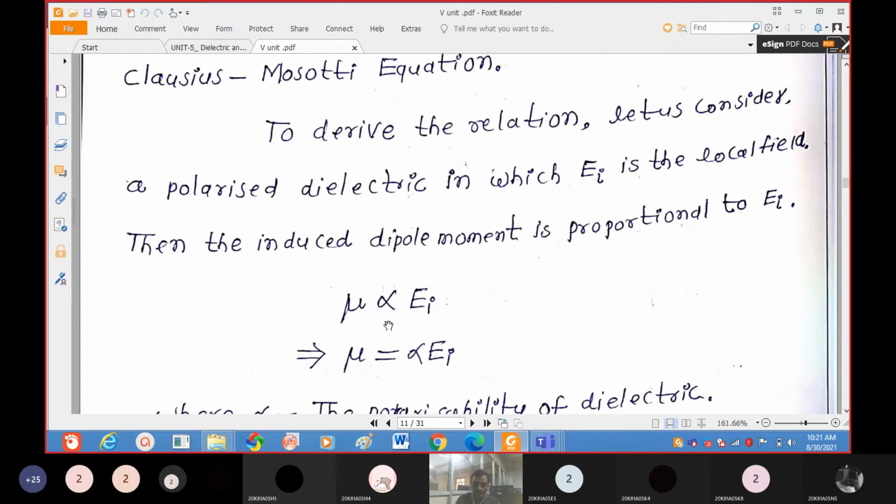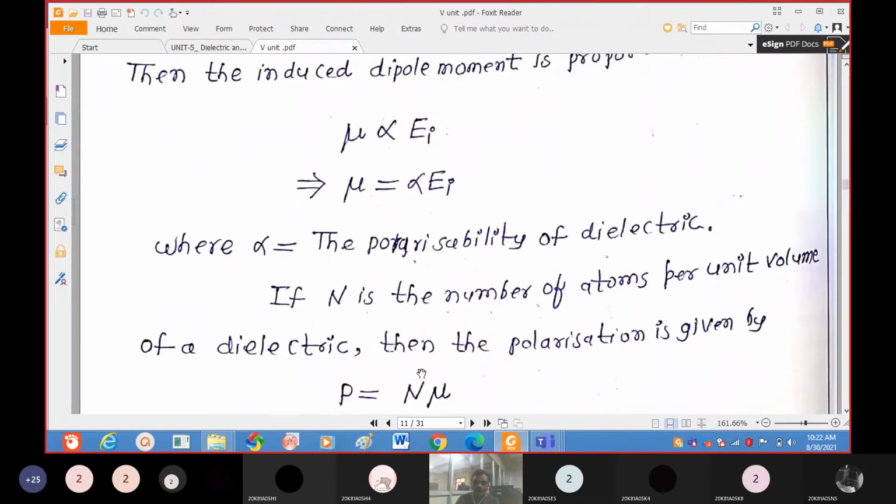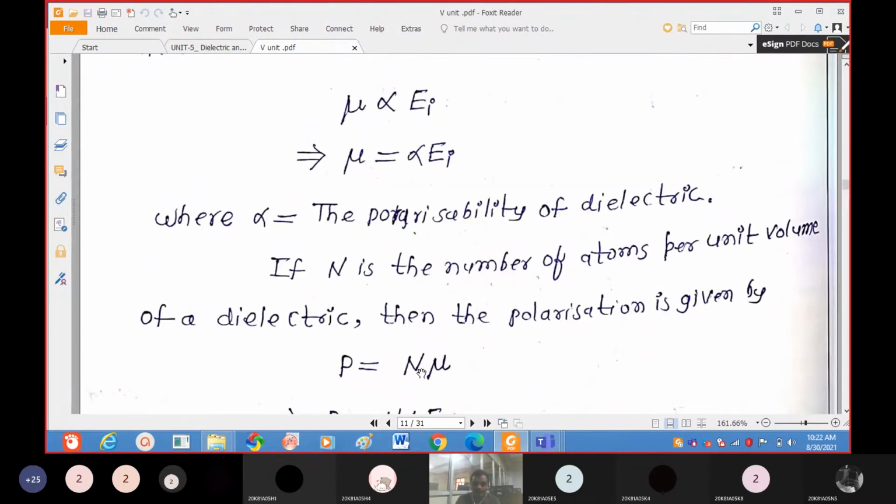We call that alpha the polarizability. Mu is proportional to Ei, so mu equals alpha times Ei. Alpha is the polarizability of the dielectric. Now let capital N be the number of atoms per unit volume of the dielectric.